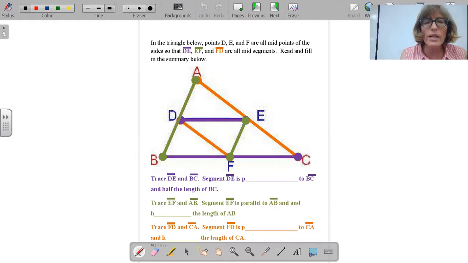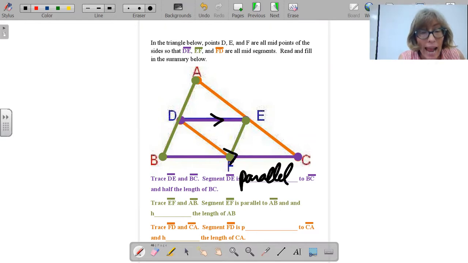So it says right here, if you trace DE and then BC, we notice that DE is parallel to BC. It's parallel and it's half the length. 2 bunny hops.